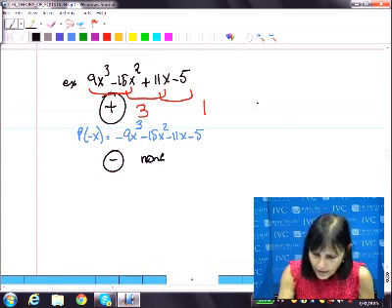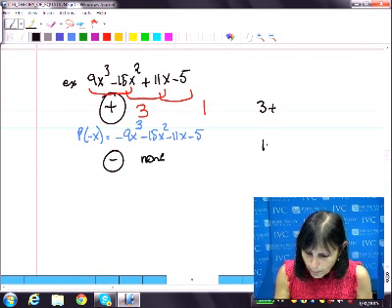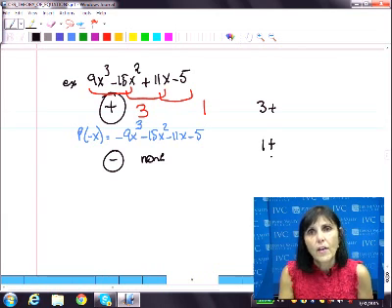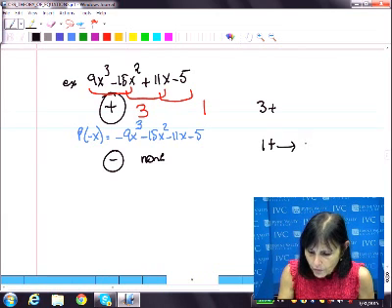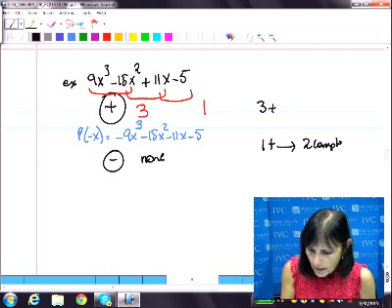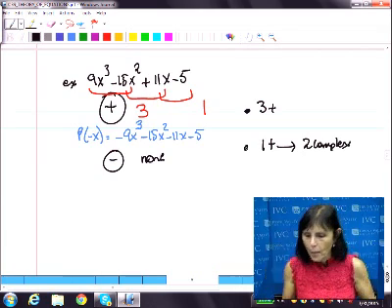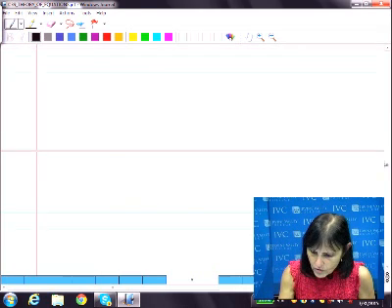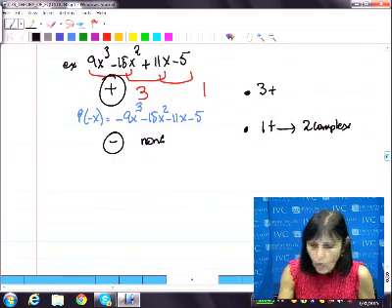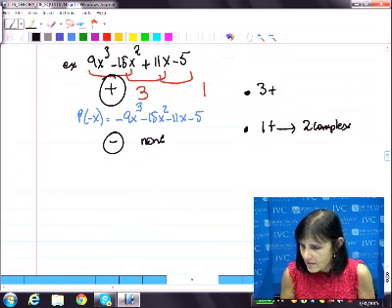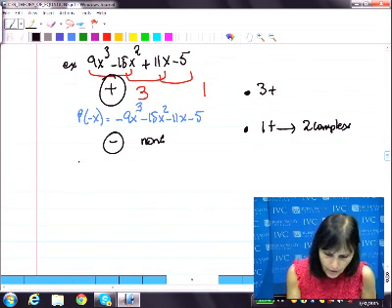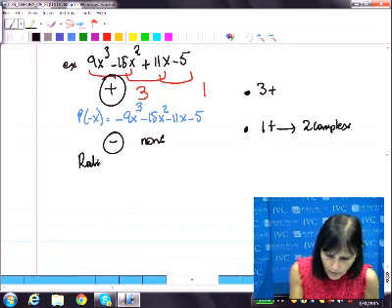Okay, so I have either 3 positive roots or 1 positive root. If I have 1 positive root, I have to have 2 complex. These are the only possibilities. So when I come up with my list of roots, I can just take out all the negative roots from the bat. Okay, so let's look at the rational roots with the rational root theorem.